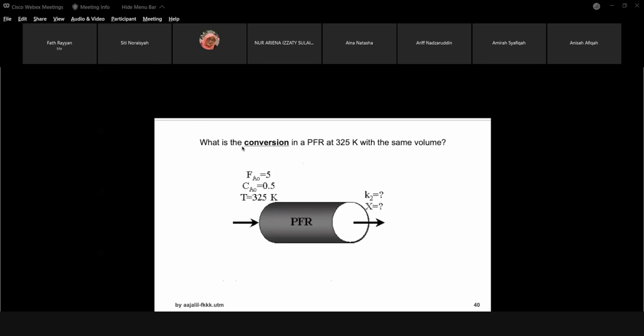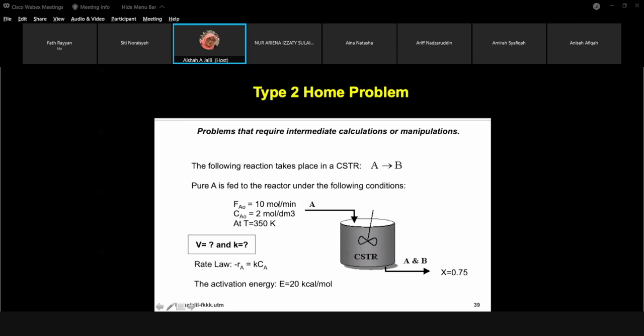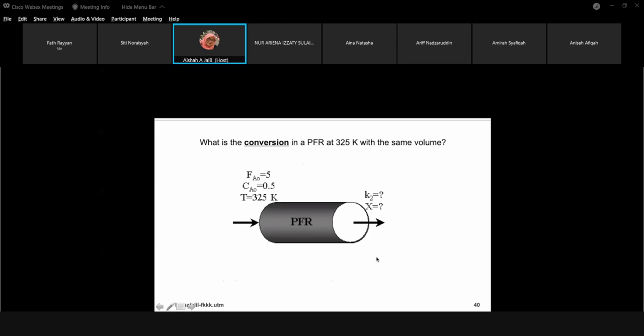Then they ask what is the conversion in a PFR at 325 K with the same volume as the CSTR. Okay, you can see they relate the CSTR with the second one, the PFR.